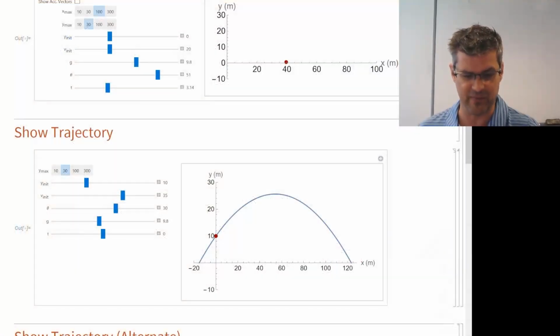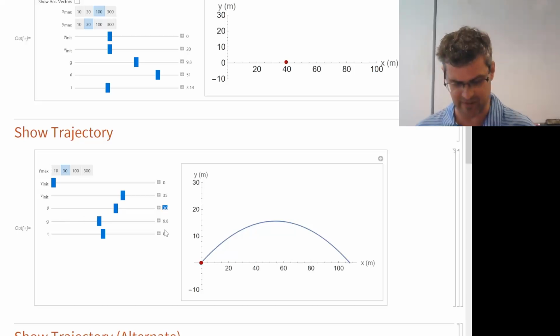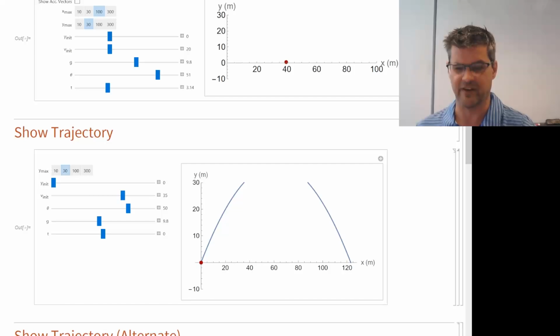So we come back here to Mathematica, and we've got some way of looking at trajectories from known systems and how they go. So in our problem, we were firing from the ground. We were firing at an angle of 50 degrees. G on the Earth is 9.8 meters per second squared.